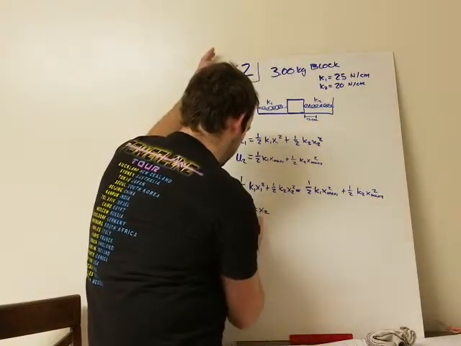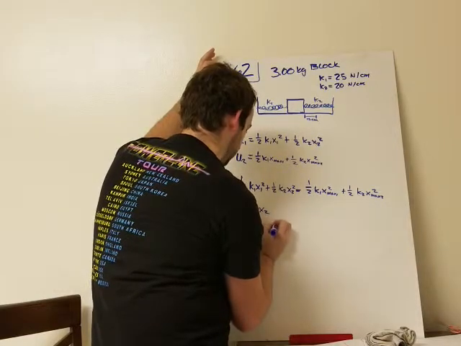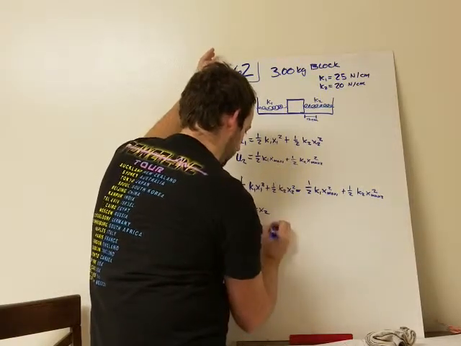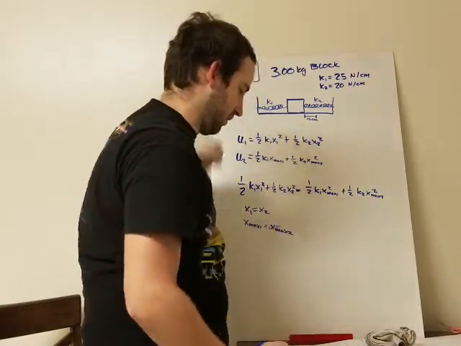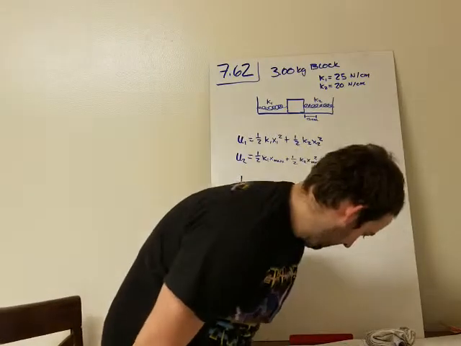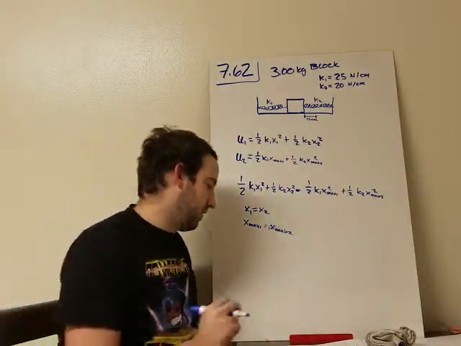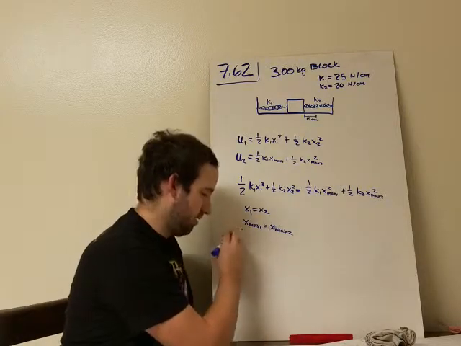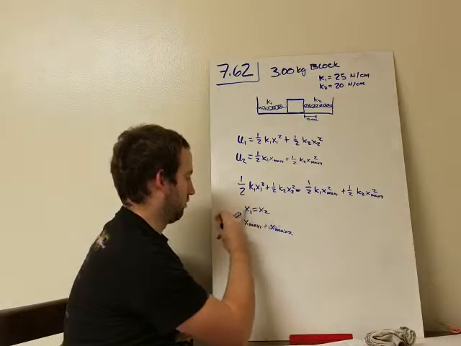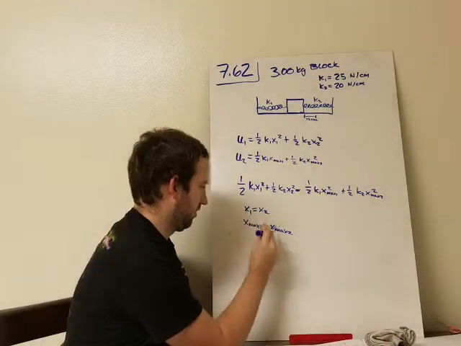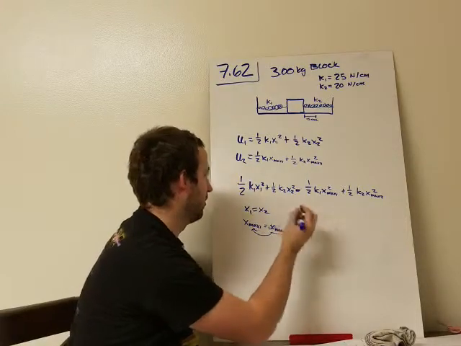And with that, we know that x max 1 equals x max 2. And so, since we know this, we can sub in x2 for x1 and x max 2 for x max 1 into this equation.